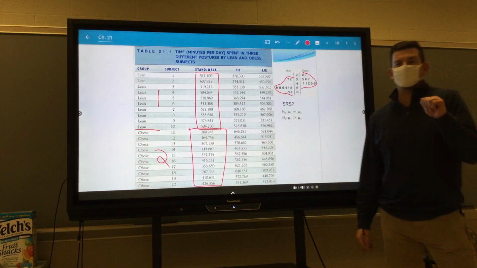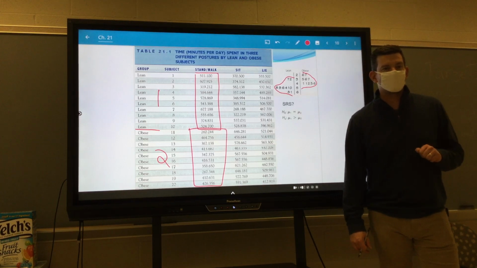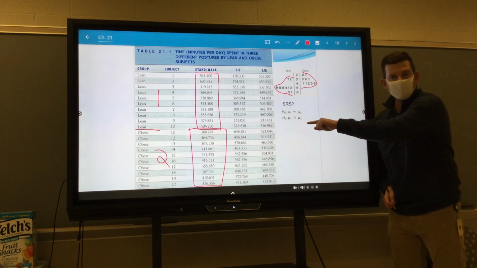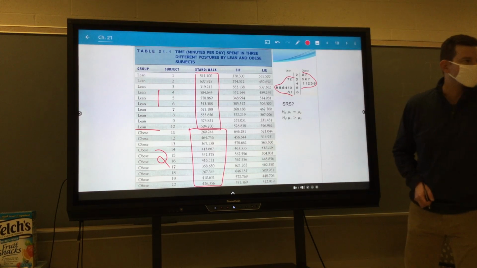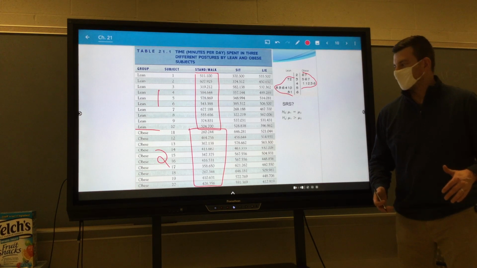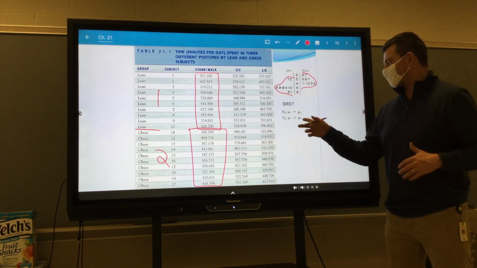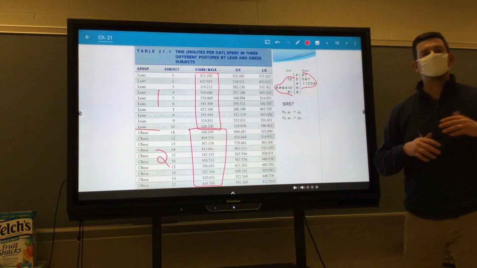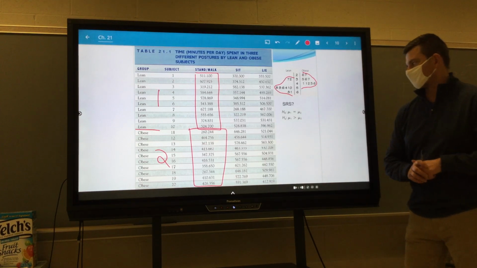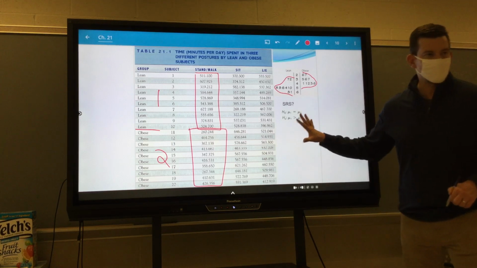We are theorizing in our alternative hypothesis that the lean group is spending more time on average standing and walking than the mildly obese group. We have enough of an idea that it's not going to be less than, so we're not going to test this as two-sided. We're going to go into this as a one-sided alternative hypothesis. Any questions about that?